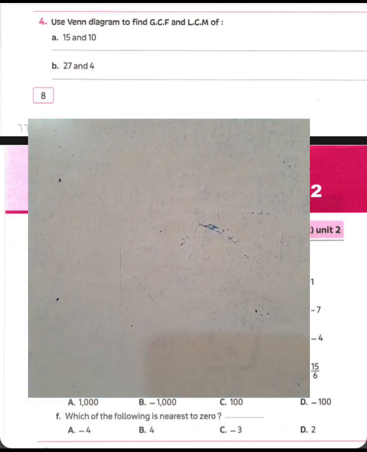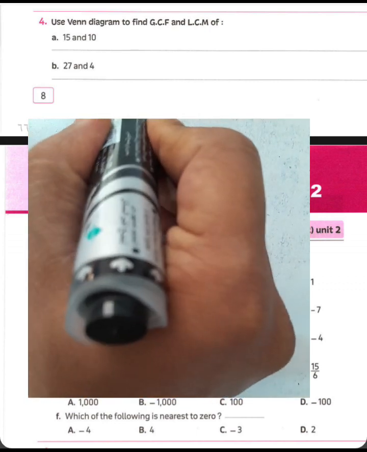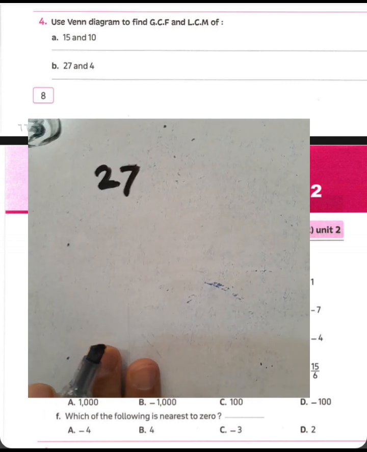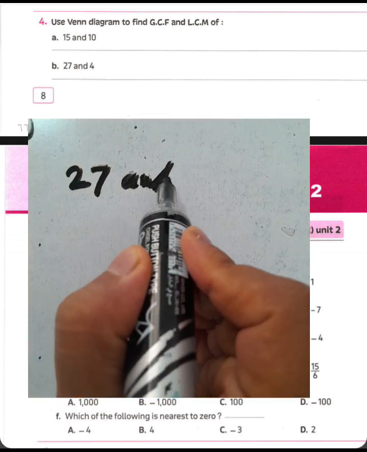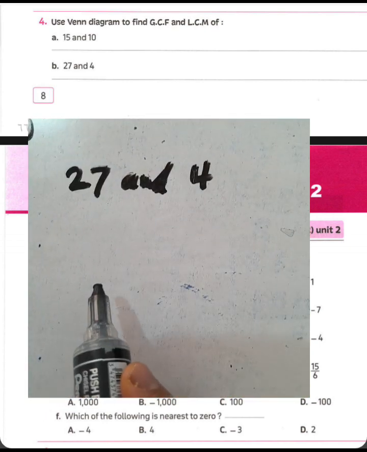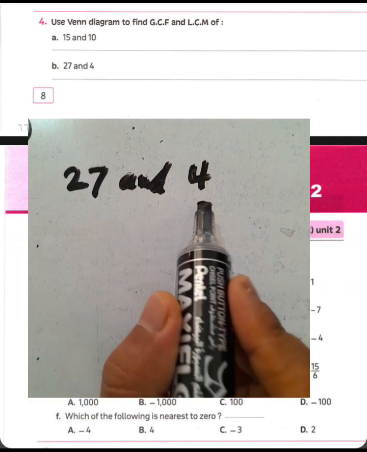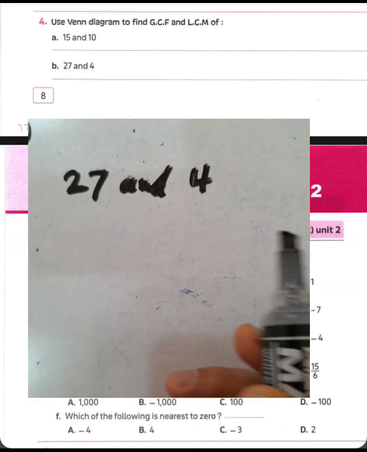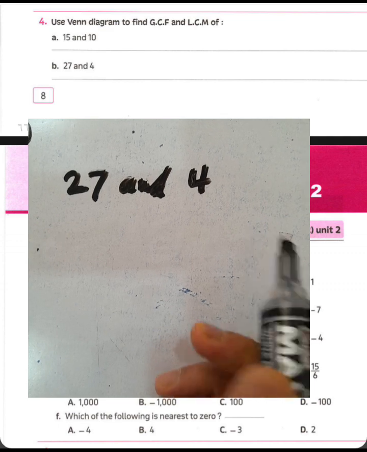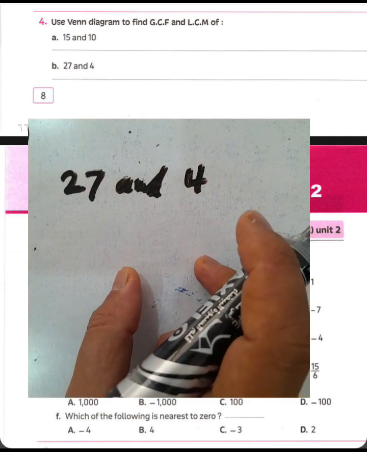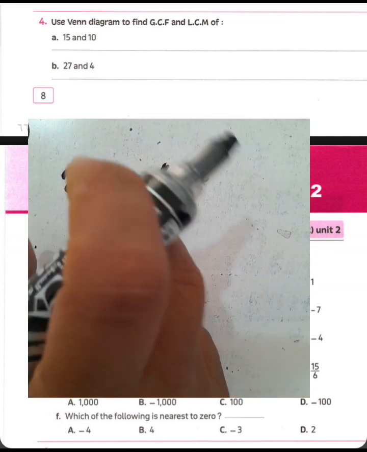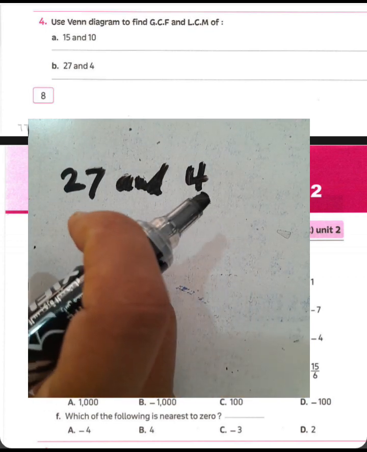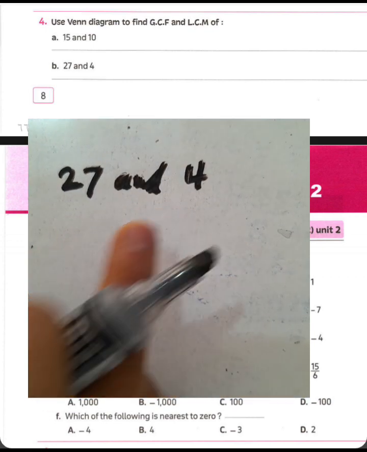Again, 27 and 4. We know 27 and 4 are relatively prime numbers. Relatively prime, so the greatest common factor between them will be 1, because 27 and 4 can be divided by 1 only.